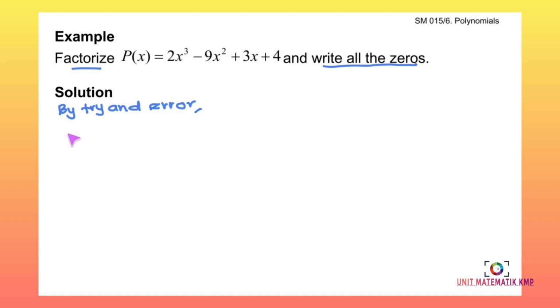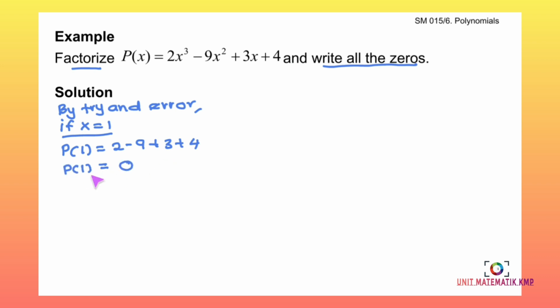Let's try, let's say x equals 1. So here substitute x with 1. We will have 2 minus 9 plus 3 plus 4. So the answer here we have is 0, right?